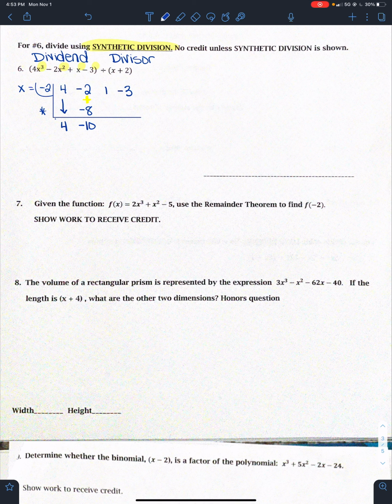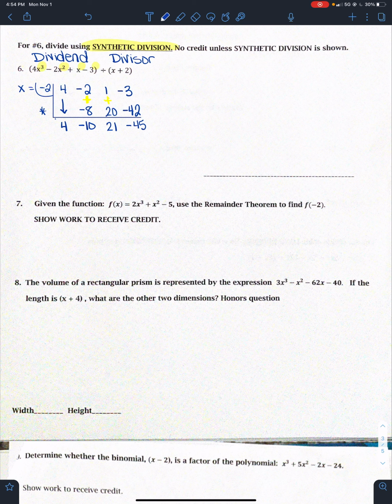Negative 2 times negative 10 gives me positive 20. When we are combining those together, we get 21. And negative 2 times 21 gives me negative 42. And negative 3 minus 42 gives me negative 45.